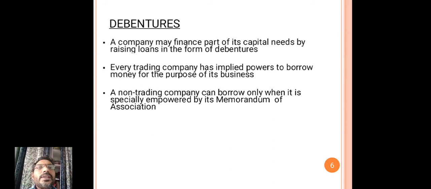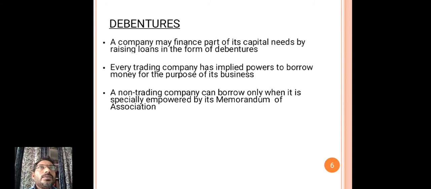A debenture is a kind of loan from the public. A company may finance part of its capital needs by raising loans in the form of debentures.